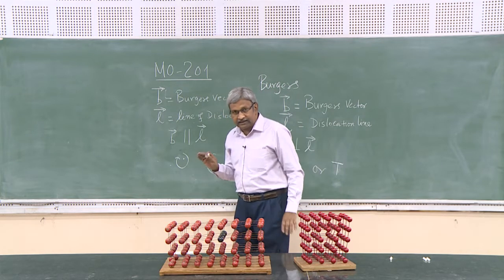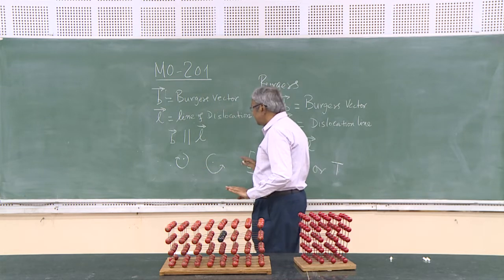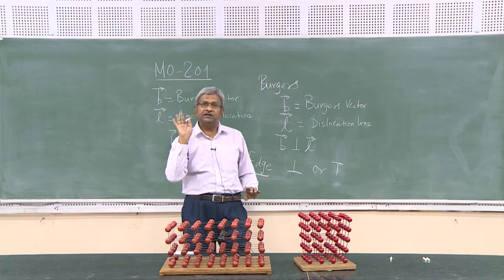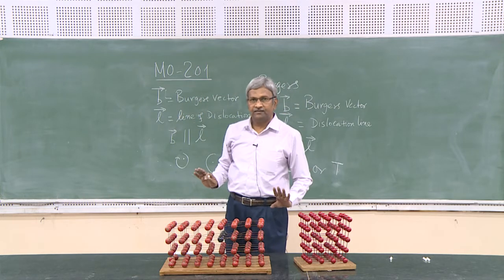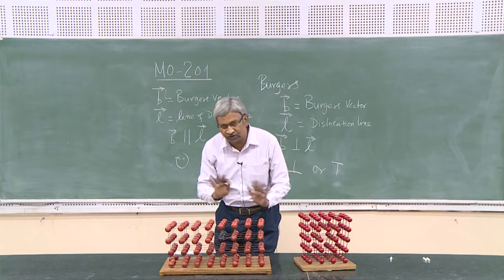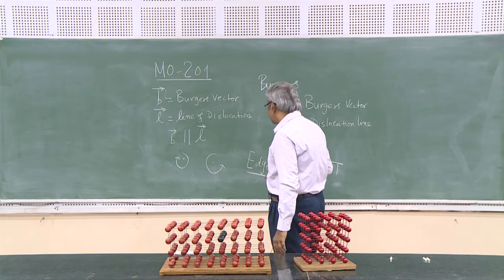Now one characteristic that you remember is going to be the same. A dislocation line will always originate from a surface and it has to terminate on a surface. It cannot hang in between inside the crystal, no question, right. This is true for all kinds of dislocation.